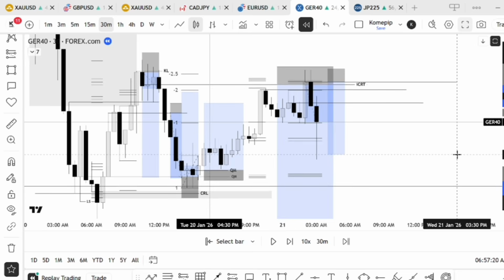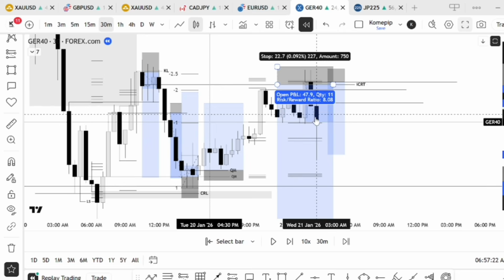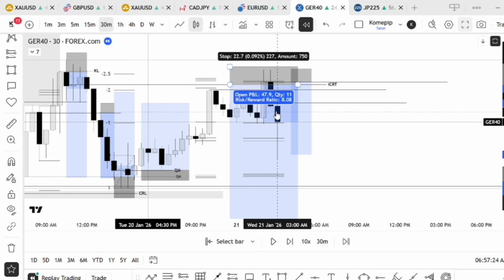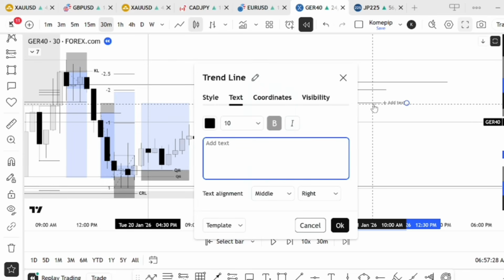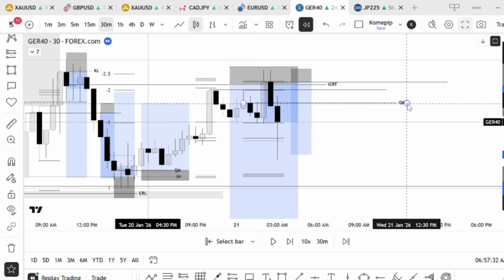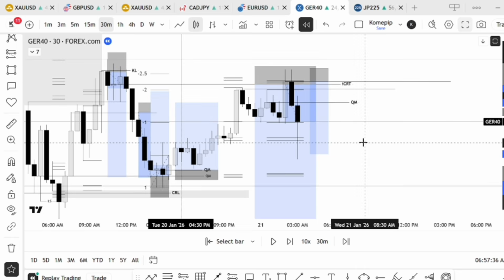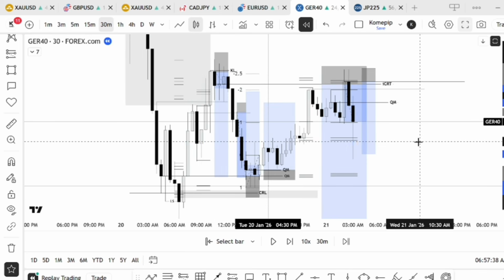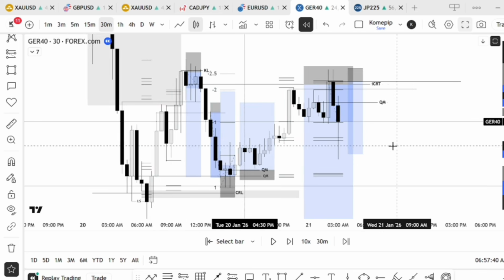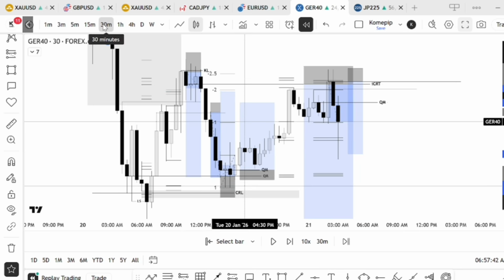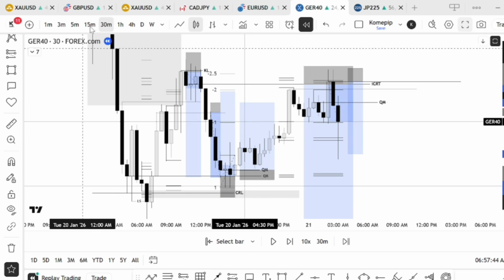Okay, so I have my engulfing there, and of course that was a very nice tap on this QM. Can you see that? That was a QM. Of course, I didn't see that earlier, so I did not mark that on. So wait patiently, and what do we do now that we have our engulfing?